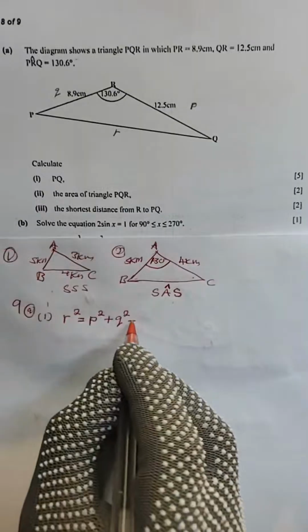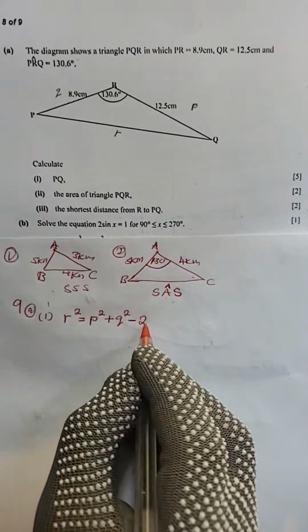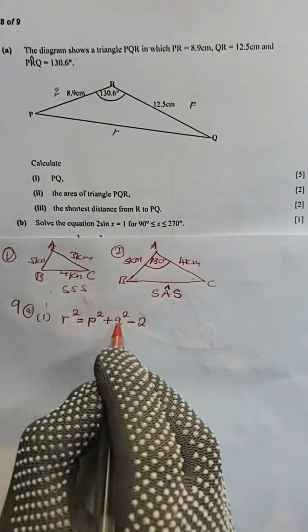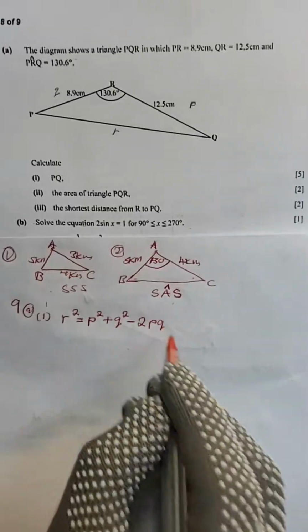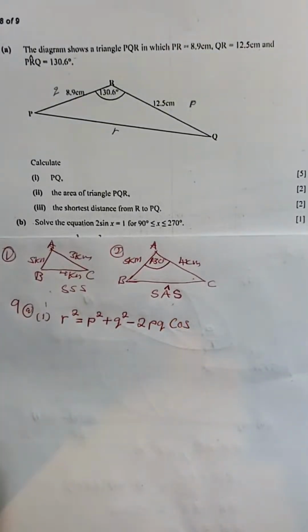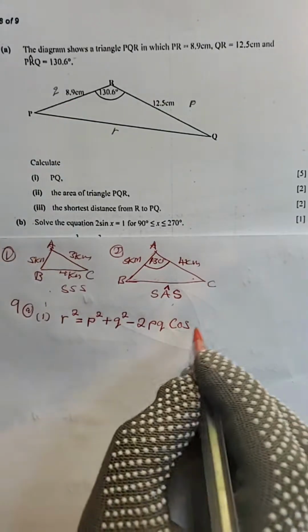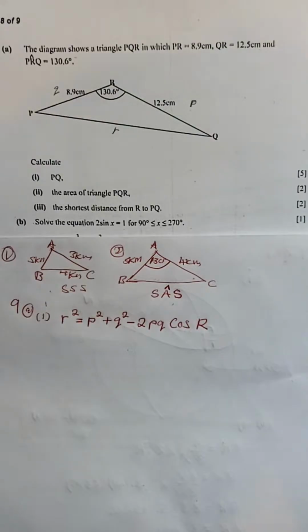Then you attach negative 2, to the two sides now, pq cos the angle given. The only angle given here is R. So capital letter R. This is the formula we're going to use.